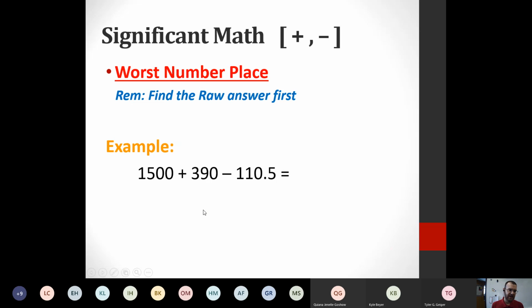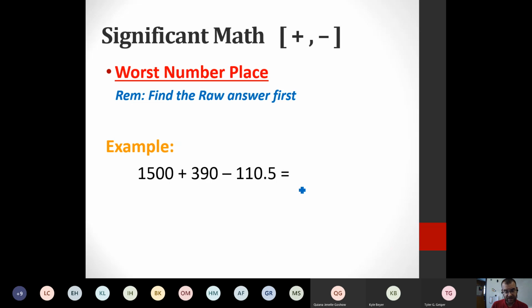When it comes to adding and subtracting, you're looking for the worst number place. You find the raw answer first, like you always should, but you're looking for the worst number place. And you can see this example here. I'm really glad we had enough time to be able to go through this. I'm going to change my color to blue. Okay, so basically it goes like this.